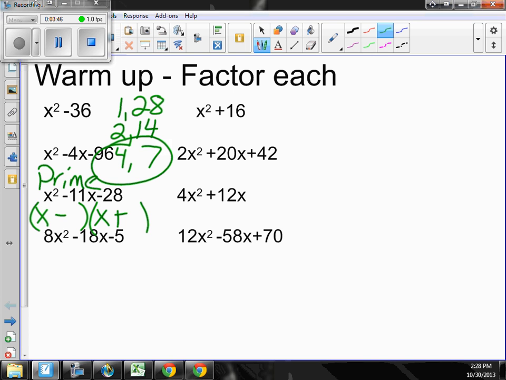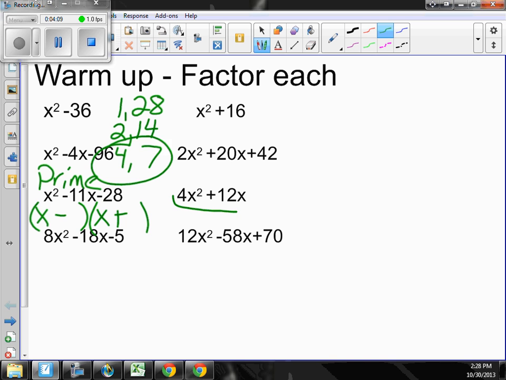Okay. The next one is tricky. How do we factor the next one? Well, can we factor into 2 parentheses? No, it doesn't have a constant term. If it doesn't have a constant term, then you can't factor into 2 parentheses. So what we look for are common factors.